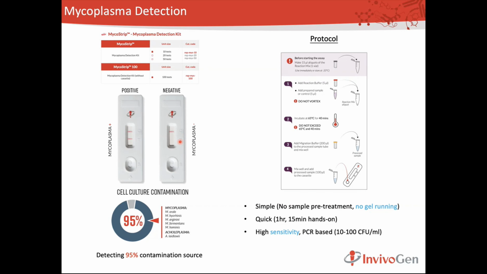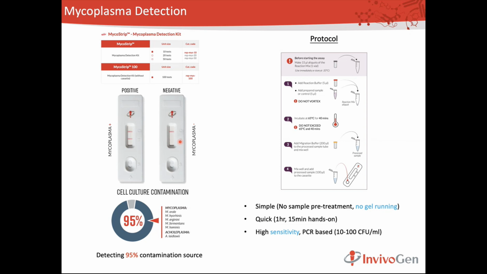After all, it is PCR based, so it can keep the sensitivity. Although we make it much simpler, we don't sacrifice the sensitivity. The beauty of this is that for the traditional PCR method, you may need to extract the DNA from your cell culture sample before you do the PCR.